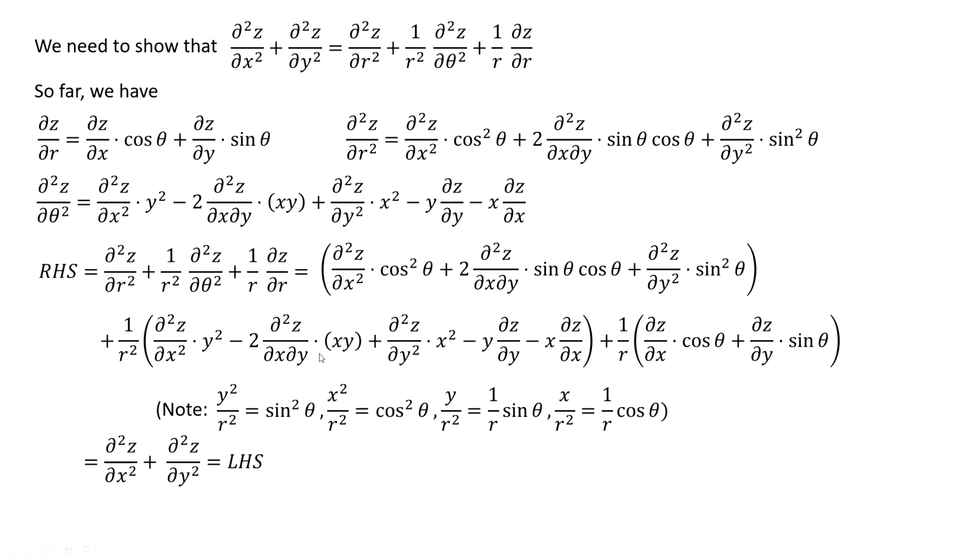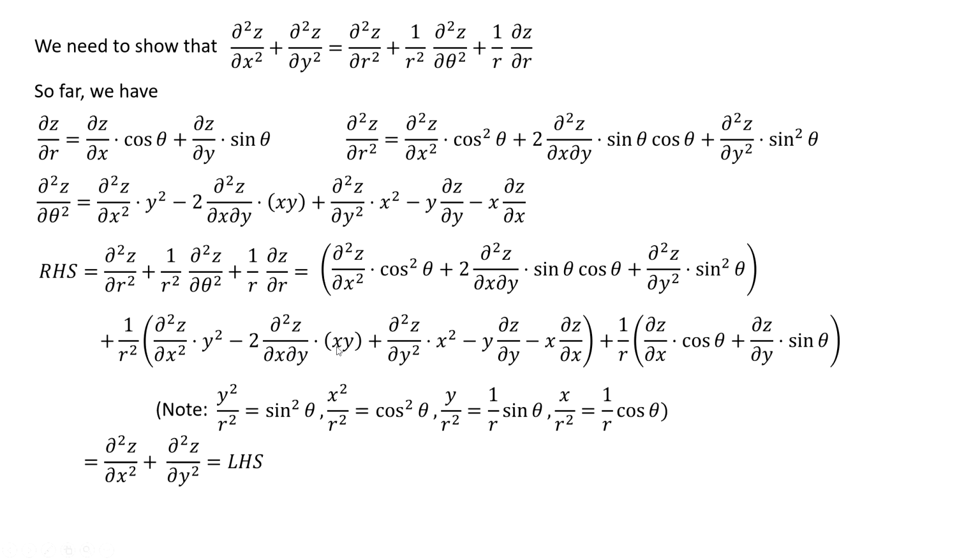What is that? What did I say? Geez. 2 xy over r square. Let me see what happens to xy over r square. Or should I just look at x times y? No. Okay. Y equals r sine theta. Why am I making such a big deal about this?